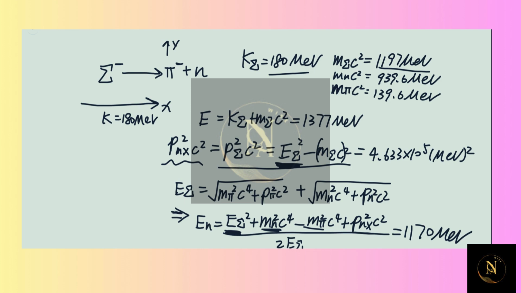So what are we looking for in this question? We are looking for the kinetic energy and the direction of the velocity. In order to find the kinetic energy, we take the total energy and subtract the mass equivalent energy.